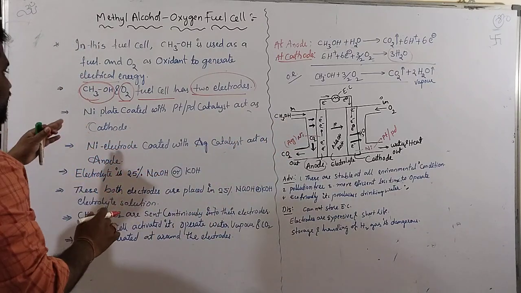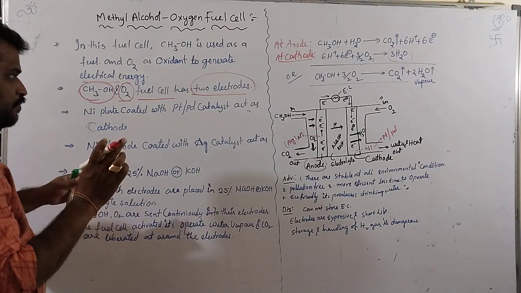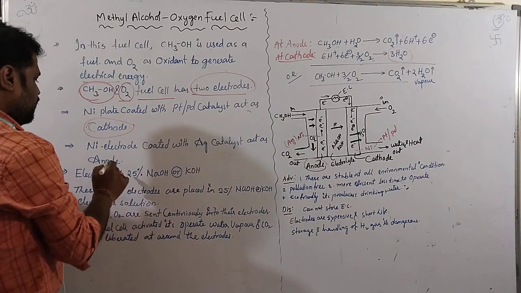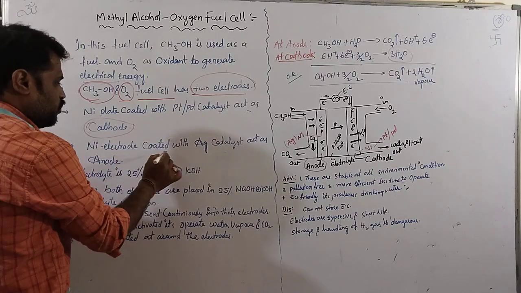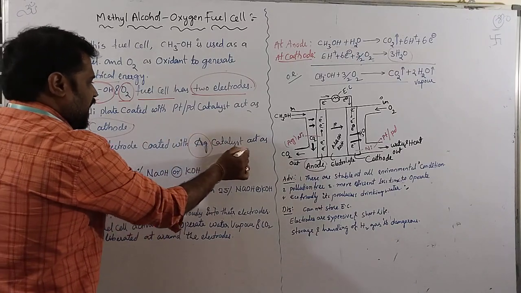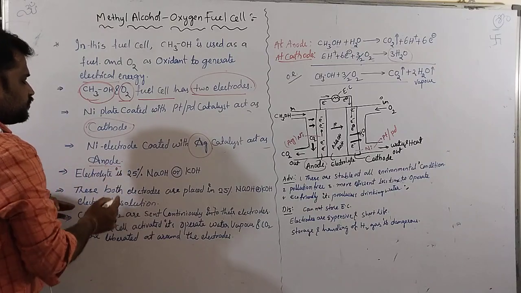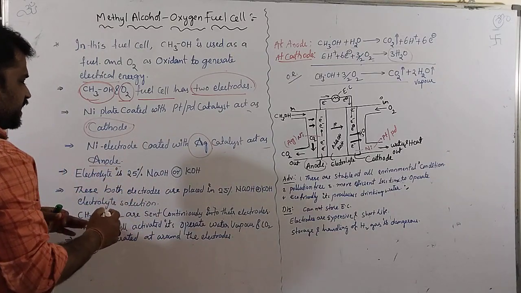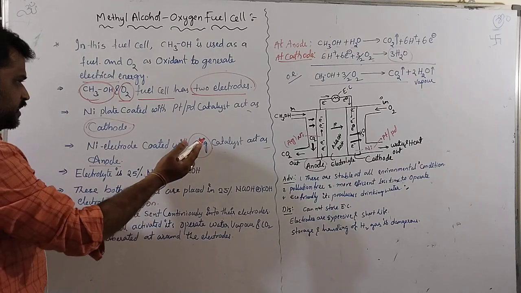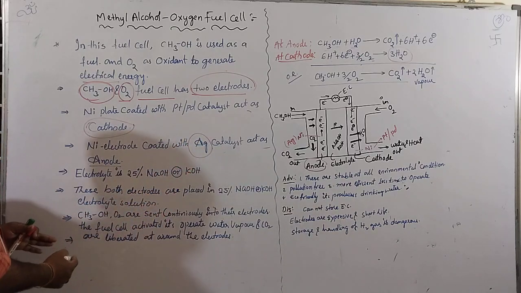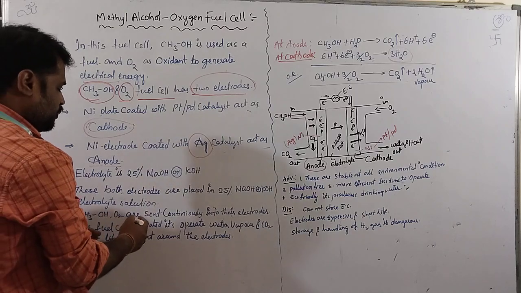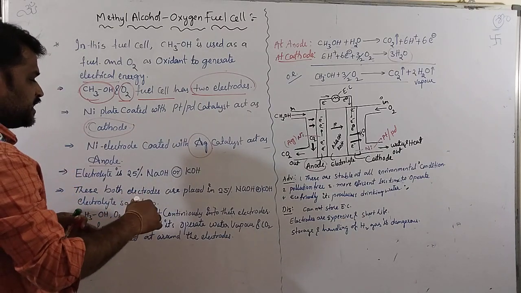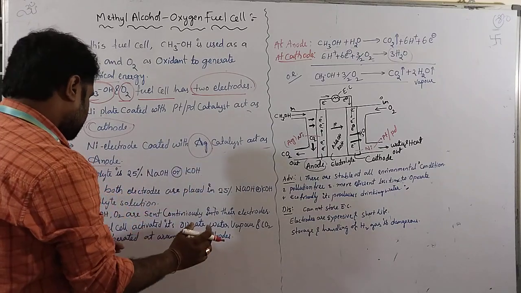The nickel plate coated with platinum-palladium catalyst acts as the cathode. That is point one. Another point: the nickel electrode coated with silver catalyst acts as the anode. The electrolyte solution is sodium hydroxide and potassium hydroxide between the two electrodes, and methyl alcohol and O2 are sent continuously to the electrodes.